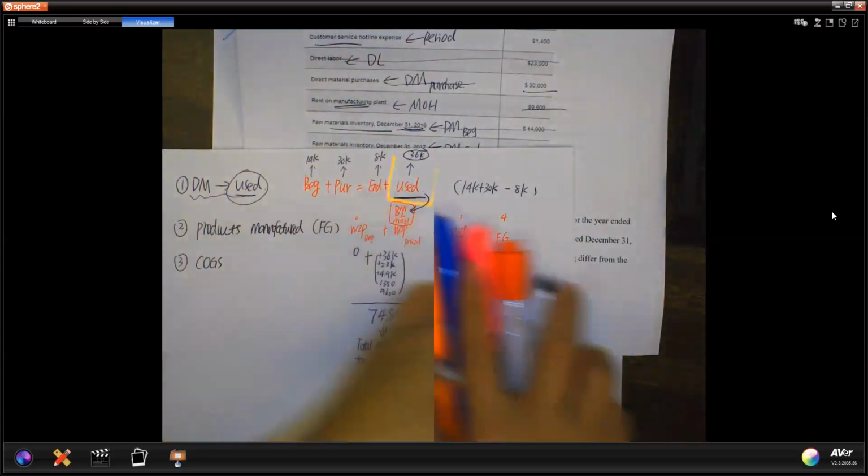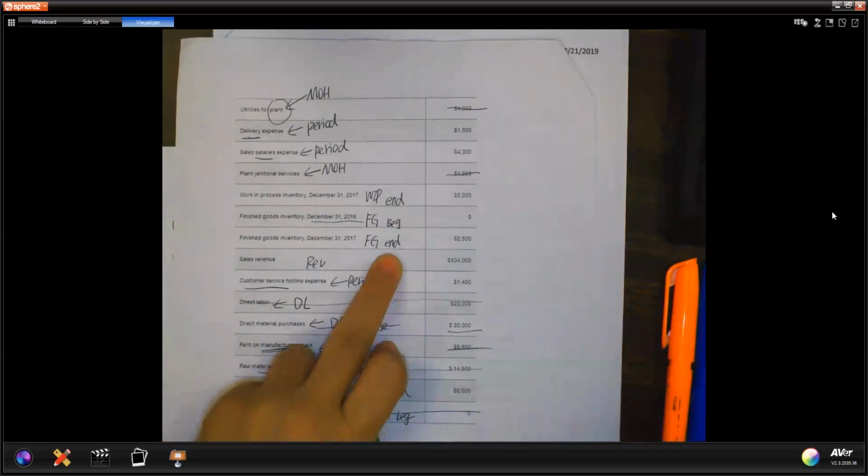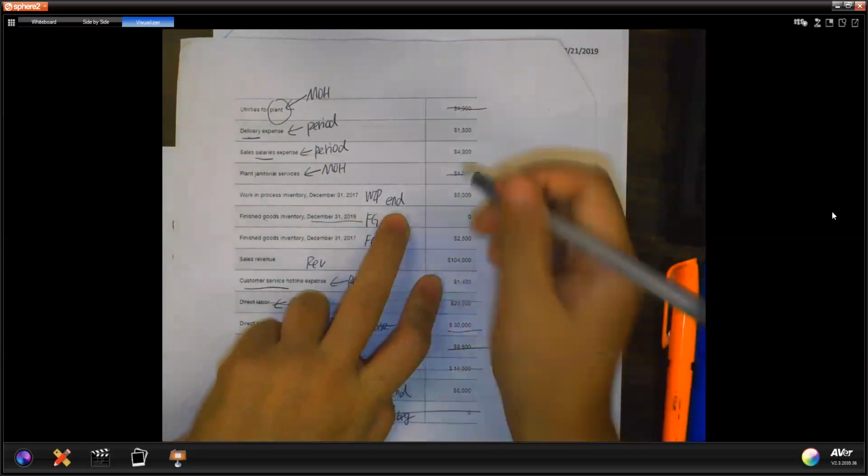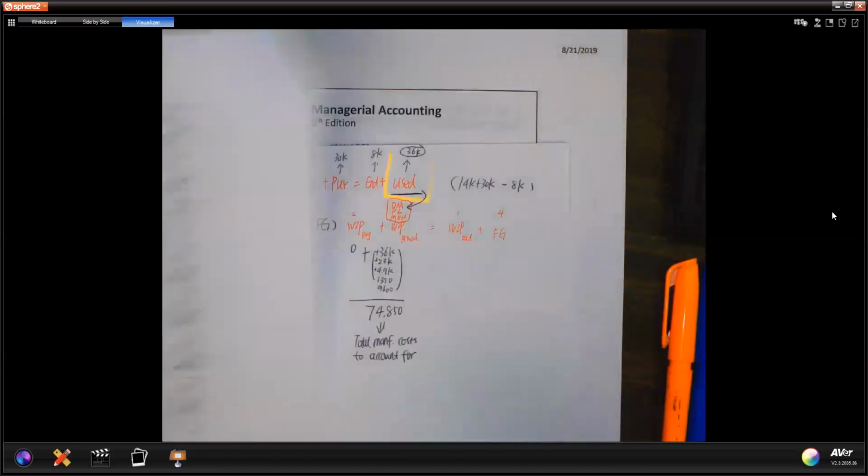So we look at all the information from the table again. The question told you your work in process inventory at the ending is 5,000.